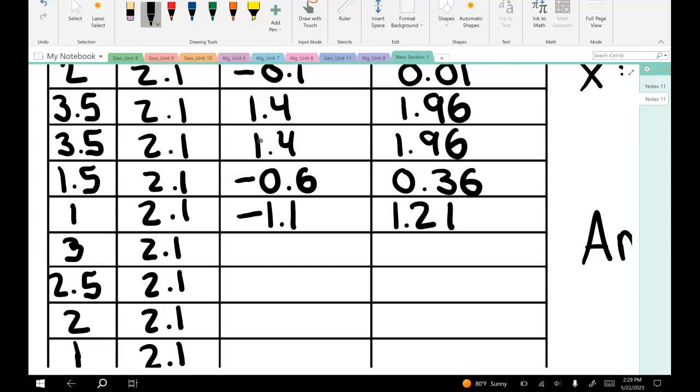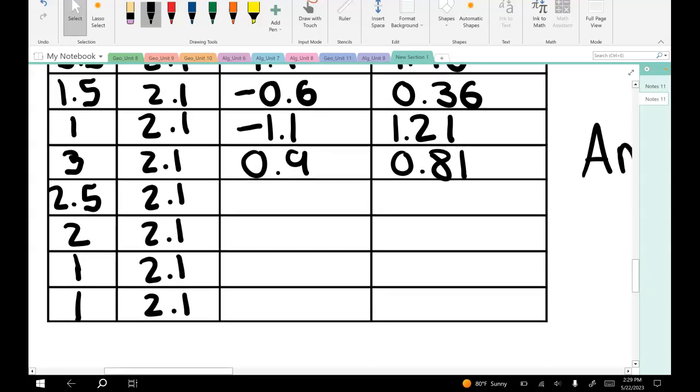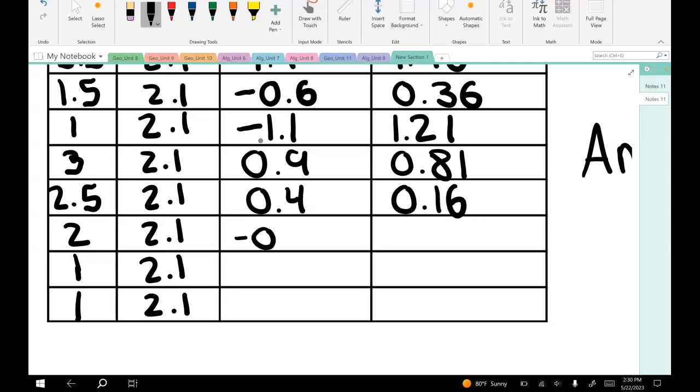I'll go through and fill these in a little bit faster. This one's 0.9, 0.81. 2.5 minus 2.1, that's 0.4. And when that is squared, we get 0.16. This is negative 0.1.